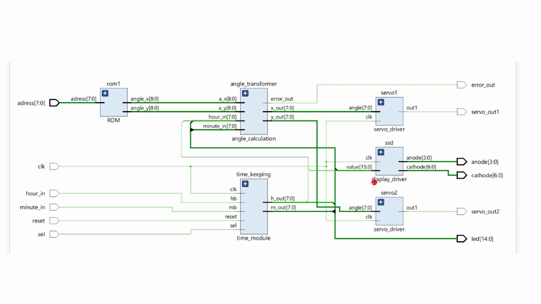The 7-segment display takes the value, which is hour and minutes concatenated to each other, and gives out the necessary anode and cathode signals in order to set the time on the 7-segment display, which is located on the Basys 3.